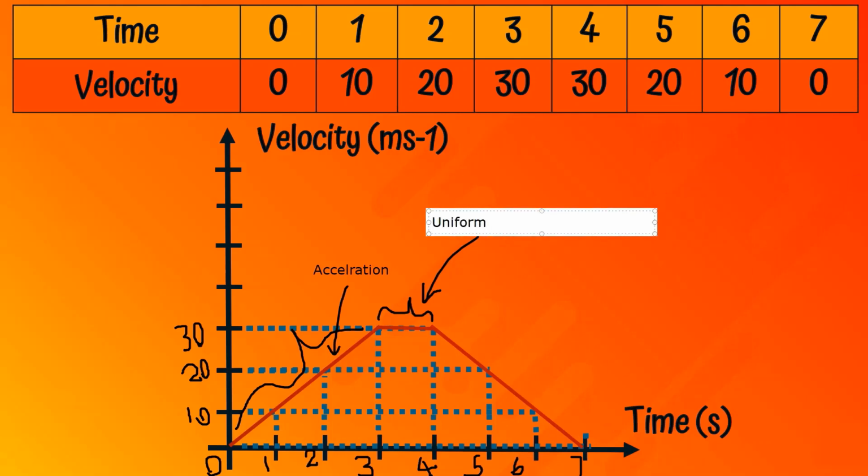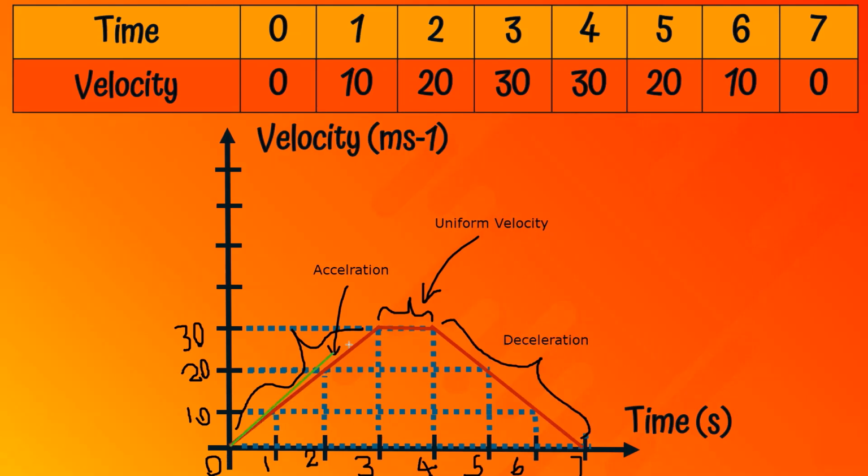The object has traveled with a uniform velocity here. So in the last part here, there's a deceleration. In this line an acceleration, there a uniform velocity, and here again a deceleration.